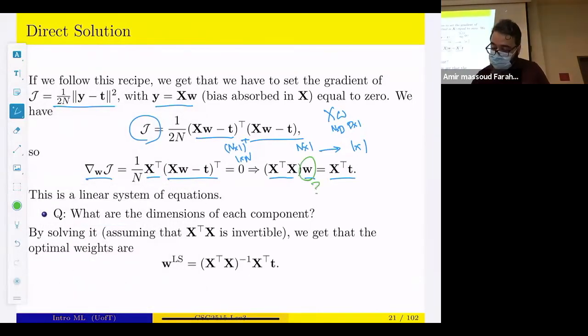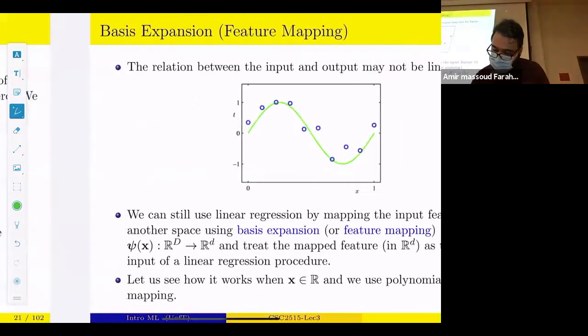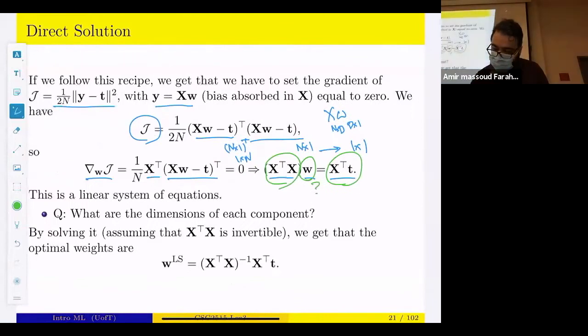We know the right-hand side, we know the left-hand side. We can construct all of it using the data we are given. X essentially just depends on the inputs, and t is the targets that are given to us in the supervised learning context as part of the training set.